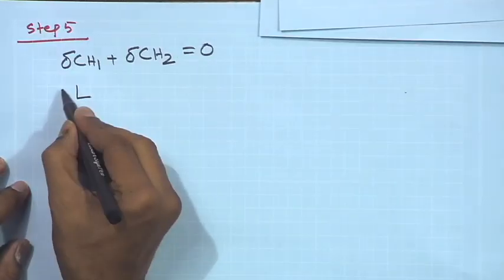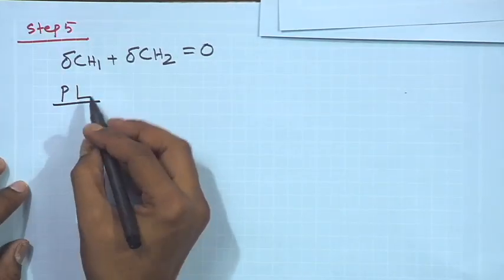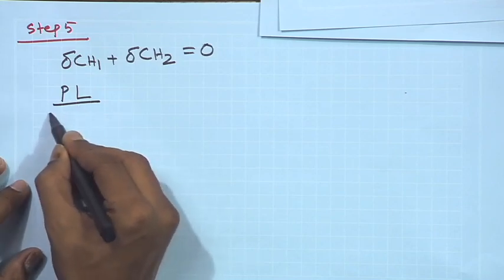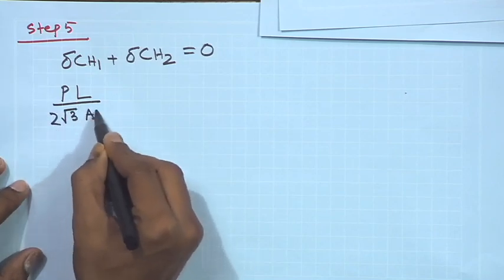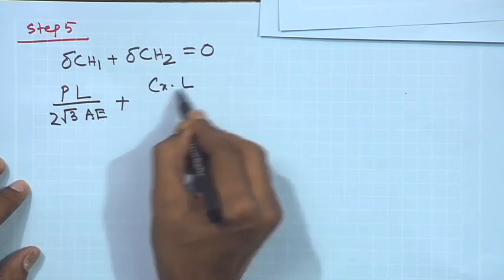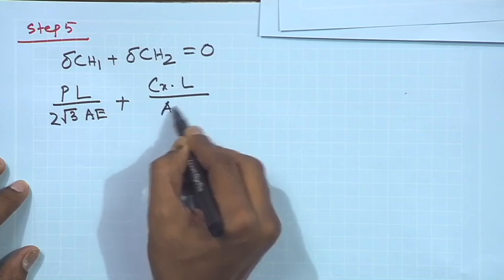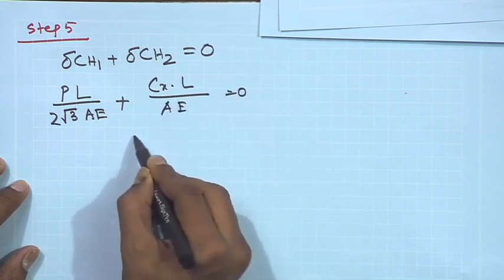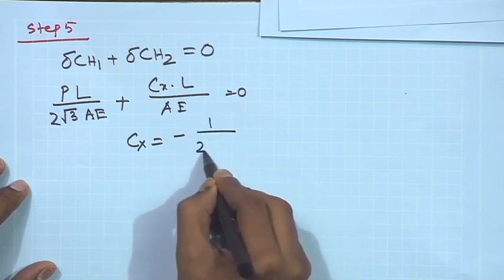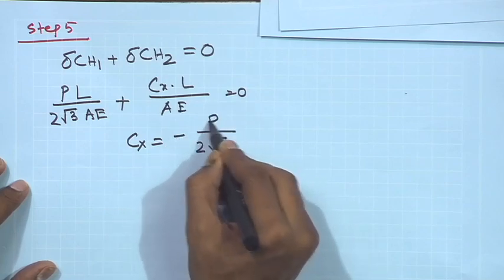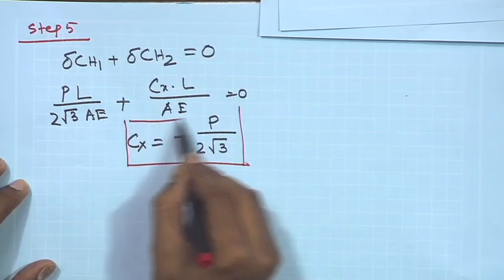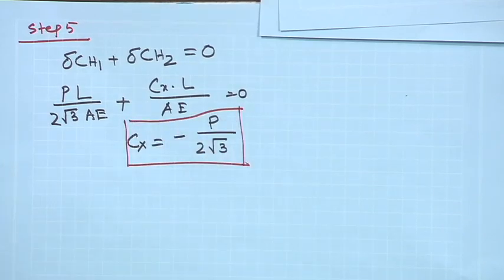So this is PL by 2 root 3 AE, and delta Ch2 is Cx into L by AE, that is equal to 0, and from that we get Cx is equal to minus 1 by 2 root 3 times P. Cx is equal to this.